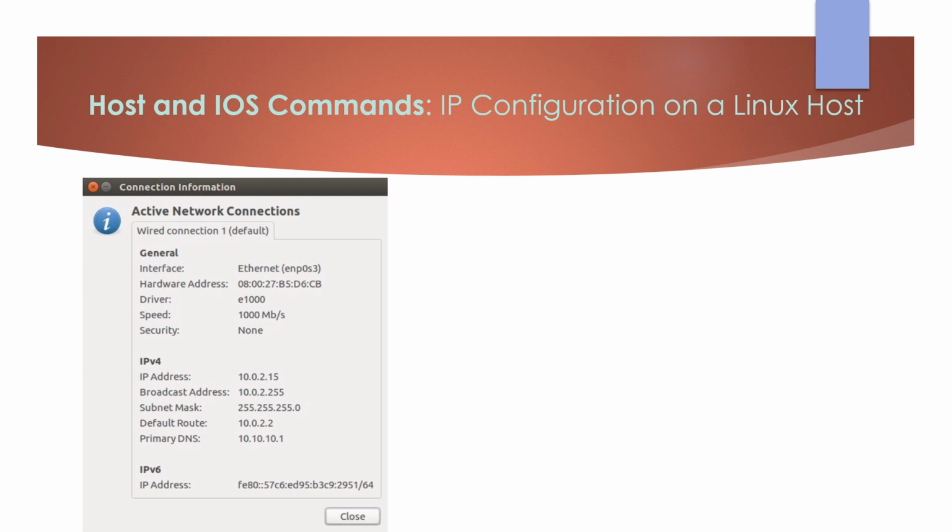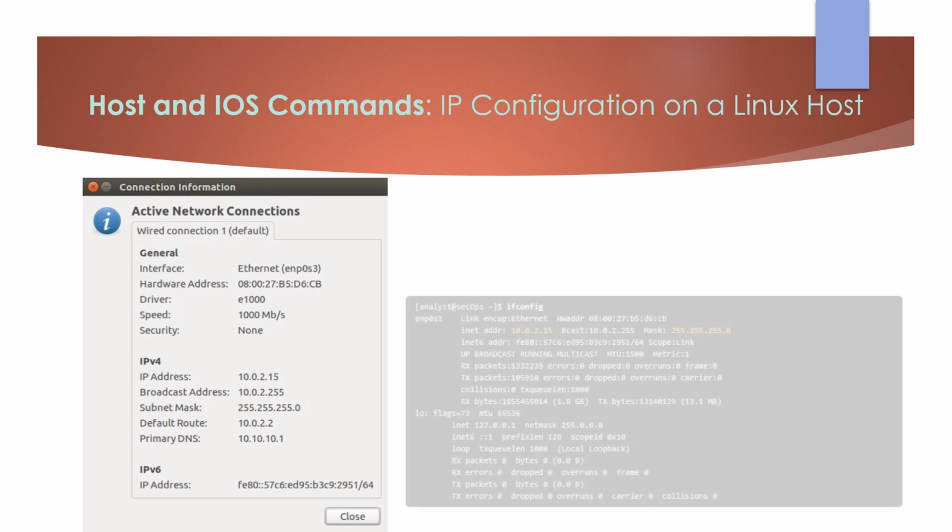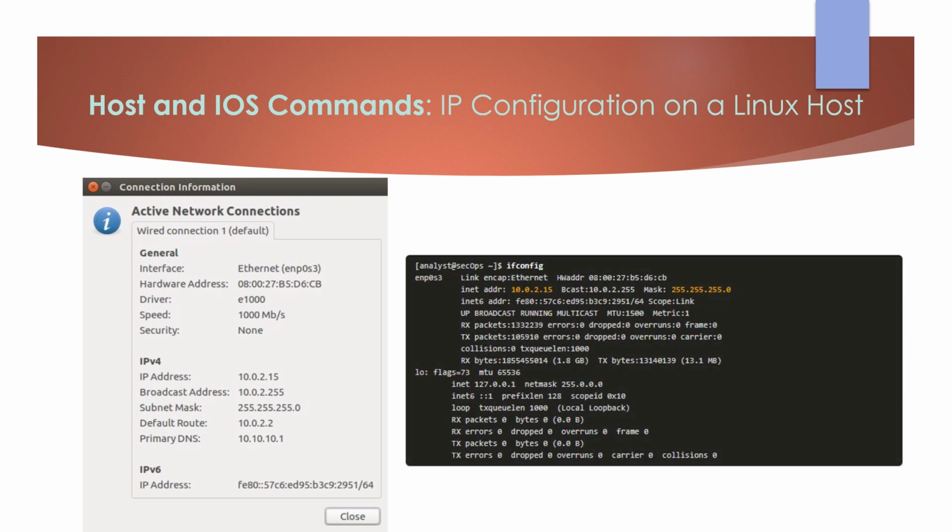On the command line, network administrators use the ifconfig command to display the status of the currently active interfaces and their IP configuration as it is shown here in this output. The Linux ip address command is used to display addresses and their properties. It can also be used to add or delete IP addresses.